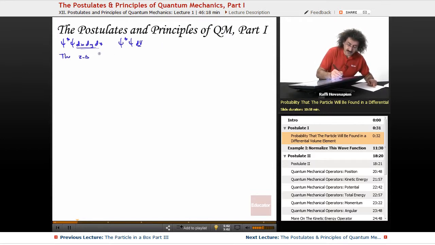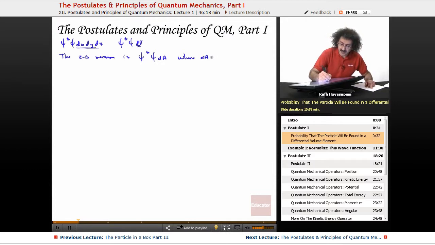Okay, so the two-dimensional version, just for completeness, is this, and we do dA, where dA is a differential area element, and that's equal to dx dy. That's it. That's all that's going on here.